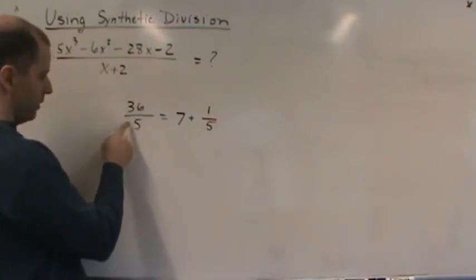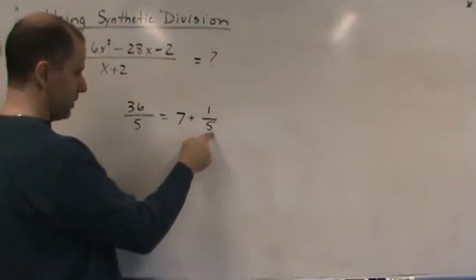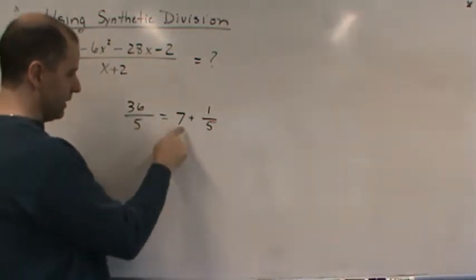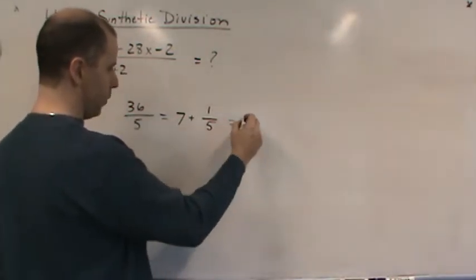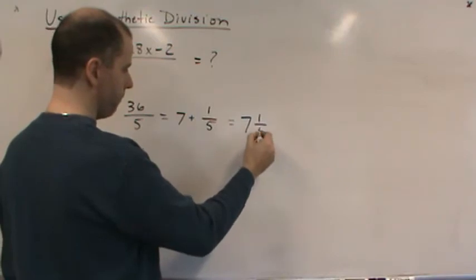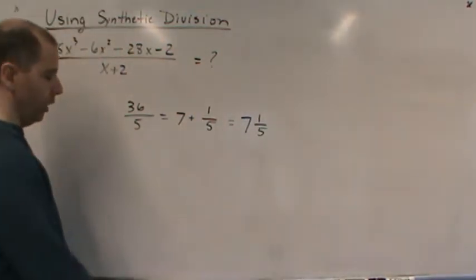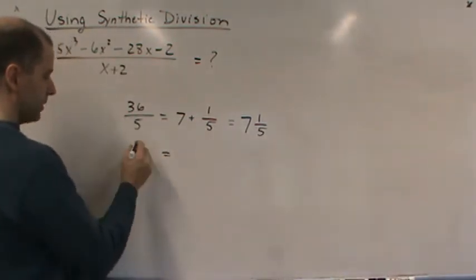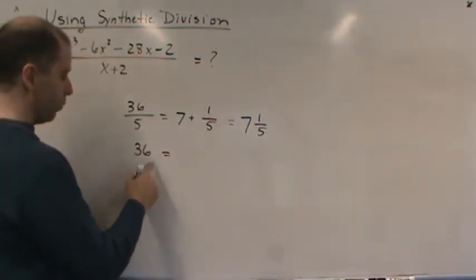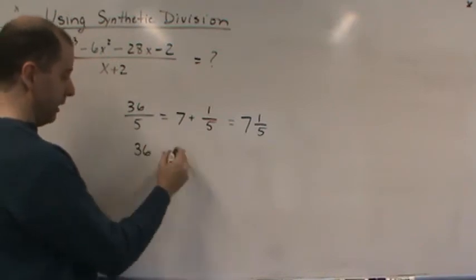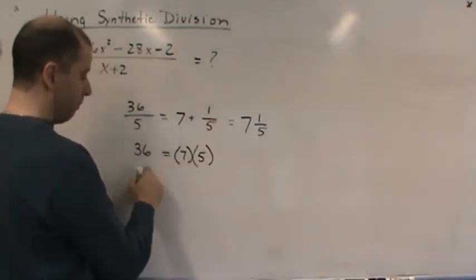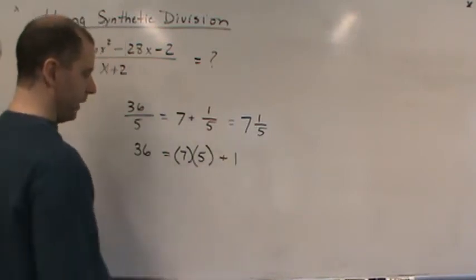So you divide 36 by 5. You have a quotient plus the remainder divided by the divisor. So 36 fifths is the same as 7 plus 1 fifth. Or we could write 36 as a multiple of 5 plus the remainder.